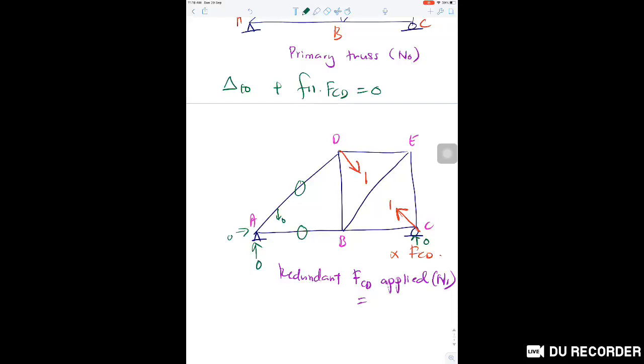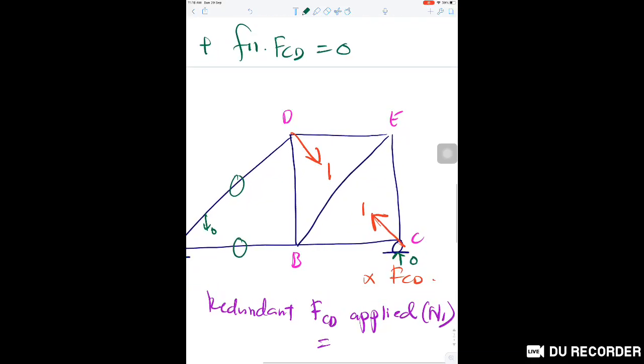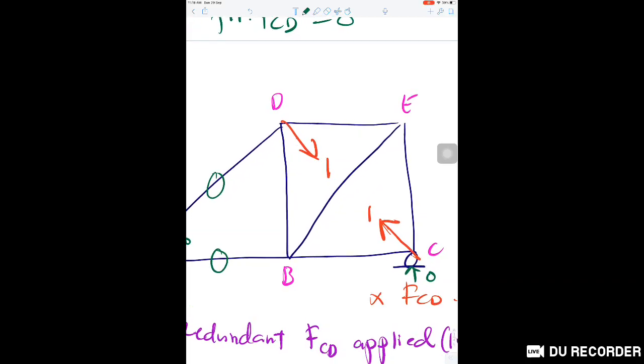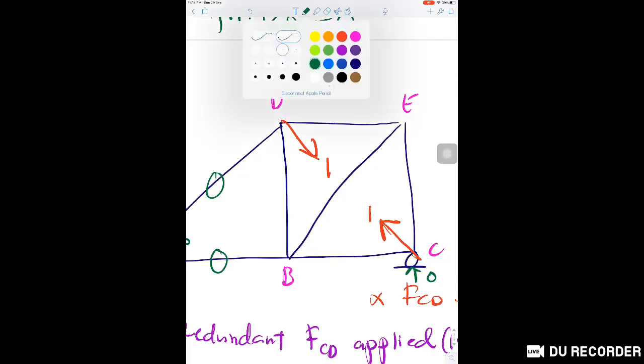So what next? Next is by looking at this box B, C, E, D. We have to play with the arrows first.